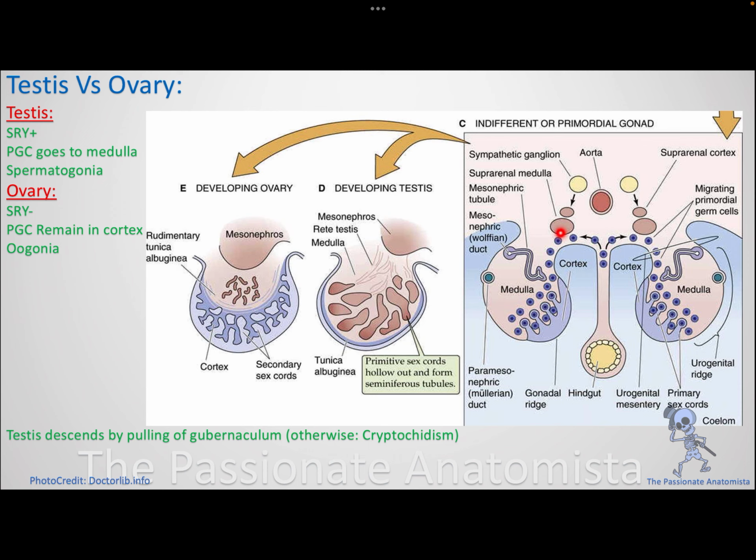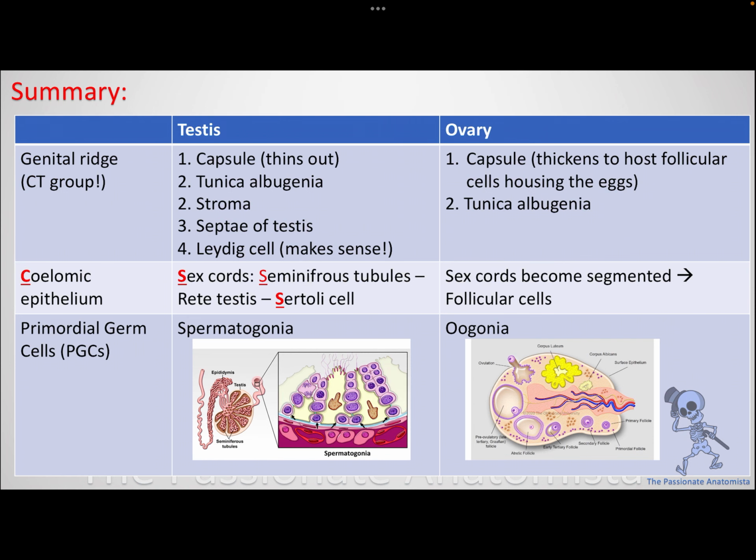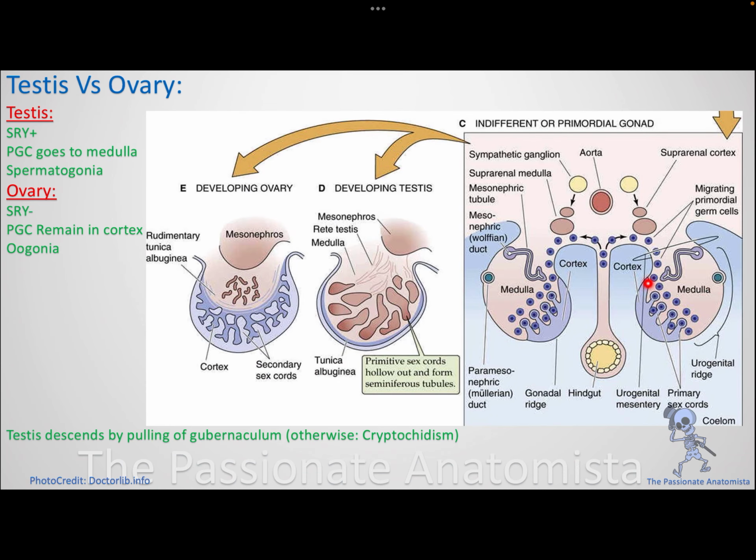All right, so in the medial aspect we have the genital ridge that gives me the capsule, and in the lateral aspect we have the paramesonephric ducts. And this is basically an invagination. I'm going to talk about the paramesonephric duct later on, but I just want you to see that the whole story is, they are all near to each other, guys. This is a beautiful picture.